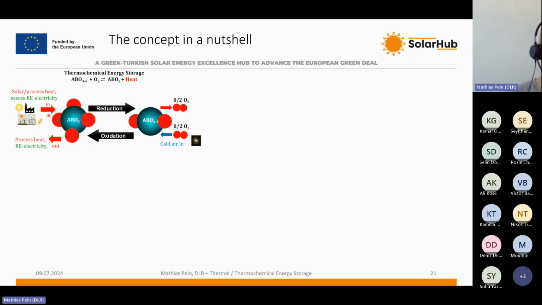So in that sense, we can store process heat, we can store solar heat, or heat from excess renewable electricity to be made available on demand, which can then either be used as process heat for heavy industry, or to produce electricity on demand, to cover for volatility of renewable energy sources.